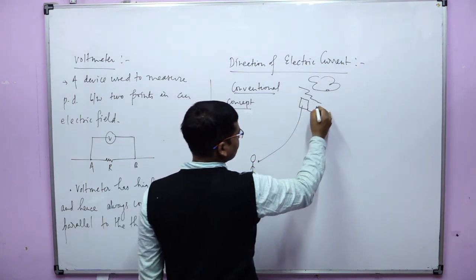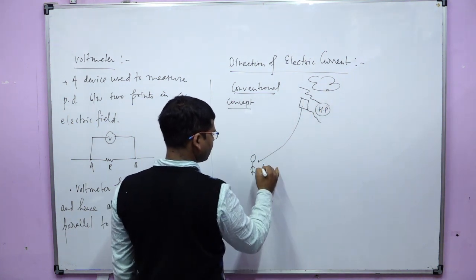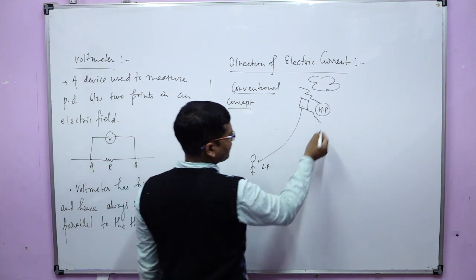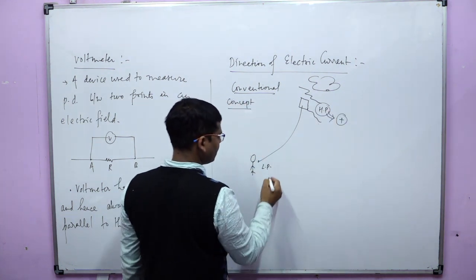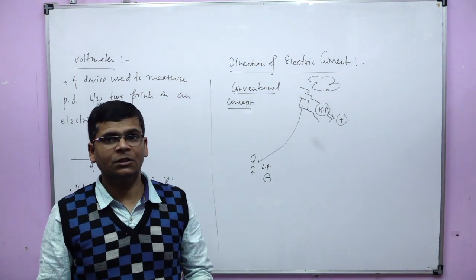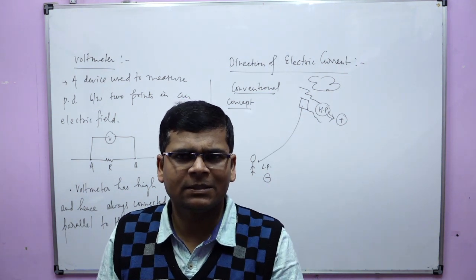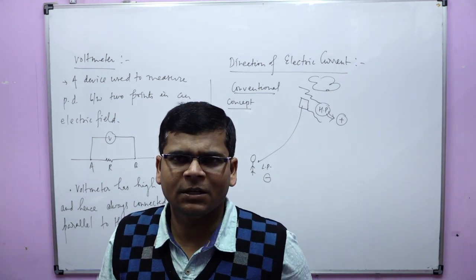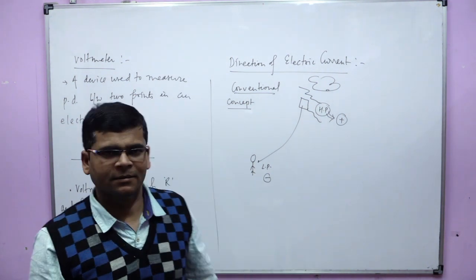So he felt that the current always flows from higher potential to lower potential, and for him higher potential means positive, lower potential means negative, because in those days electrons were not discovered. So he just said that current flows from positive to negative.